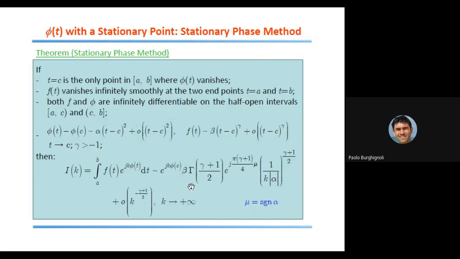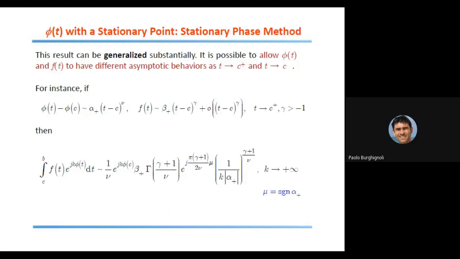Then there are a bunch of constants, beta, the gamma function, the exponential function here. And then the other important term is the one where the large parameter is present in the denominator. This is an algebraic term whose exponent is gamma plus 1 over 2. Okay, so this is the formula for the stationary phase method to the lowest order.